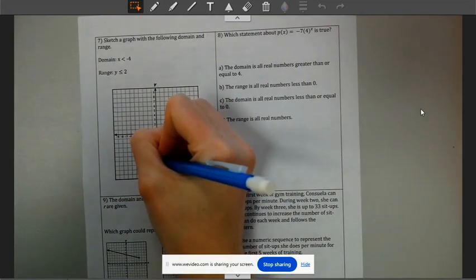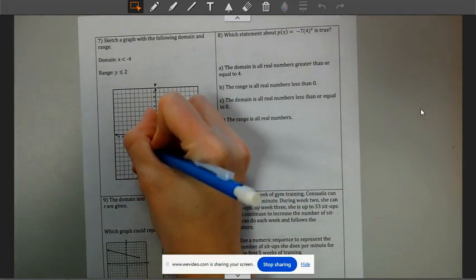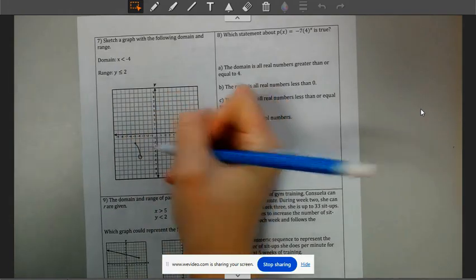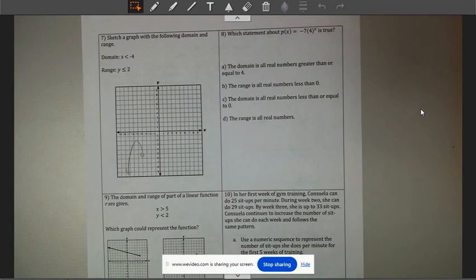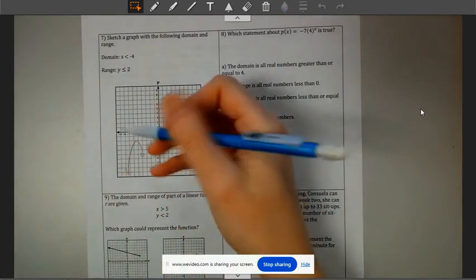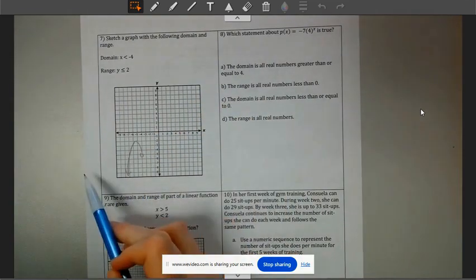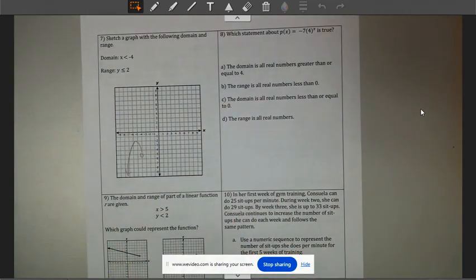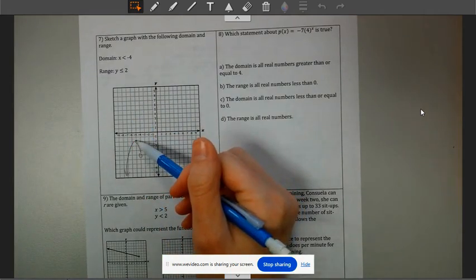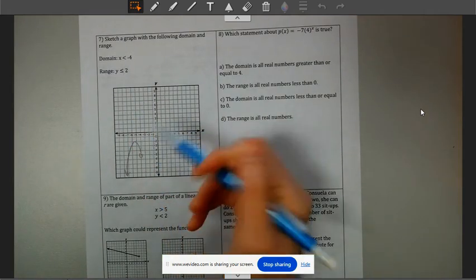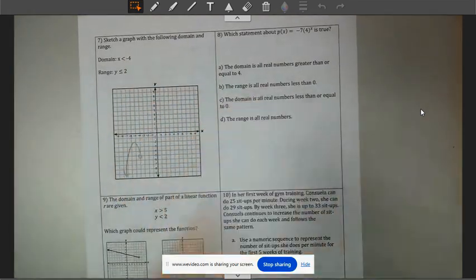But then I'm going to take my graph and go up to where I cross through -2 and then go down. Cross through and go down. So now the x values, we're forever to the left of -4. But for my y values, the highest I can go is -2 because the line goes through it, but then I go forever down.